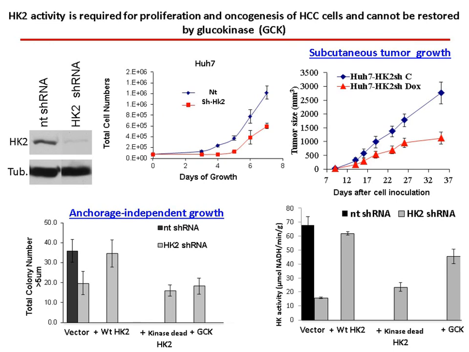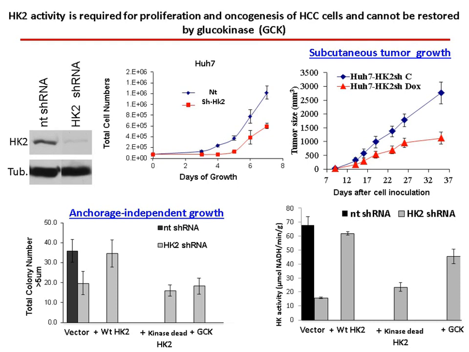When we conditionally silence hexokinase 2 in a human HCC cell line, we markedly inhibited the proliferation of the cells and the growth of the cells in vivo, as shown in the upper part of the slide.